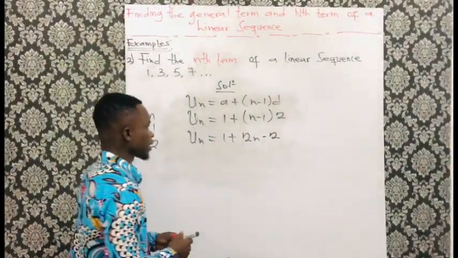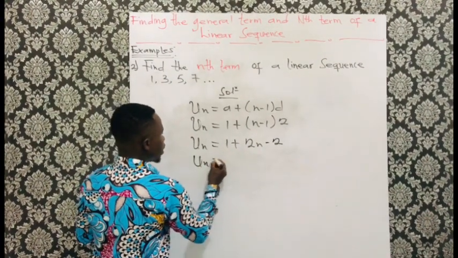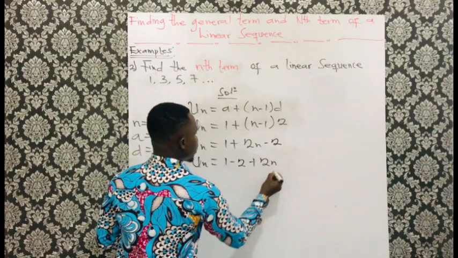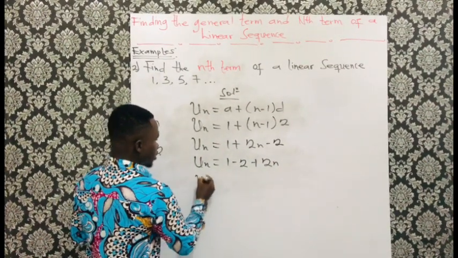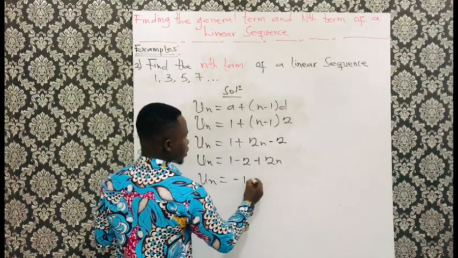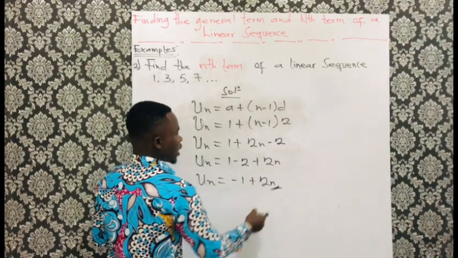So here we group like terms. We have 1 and minus 2 over here. So we have un equal to 1 minus 2 plus 2n, which will give us un equal to 1 minus 2 gives us minus 1 plus 2n. Therefore, this becomes our nth term.